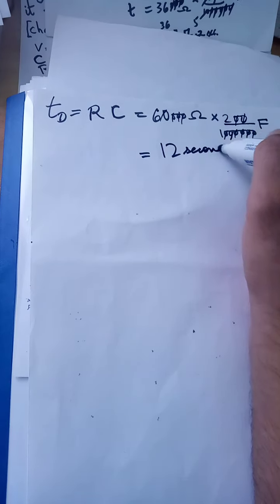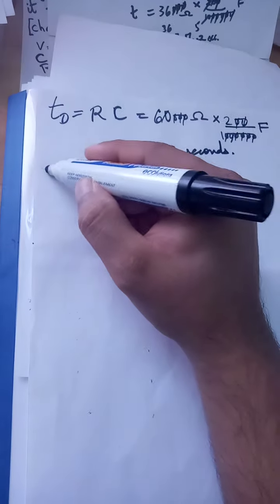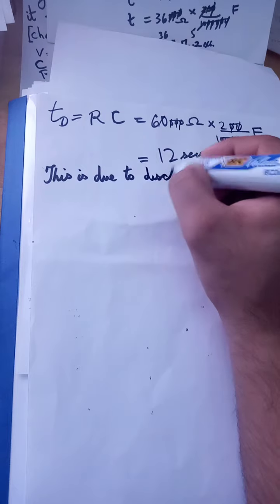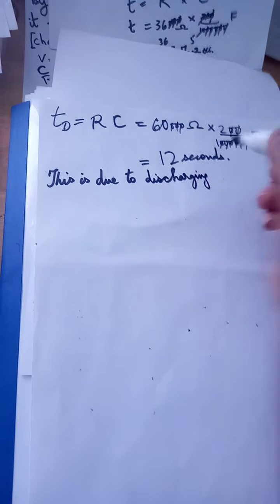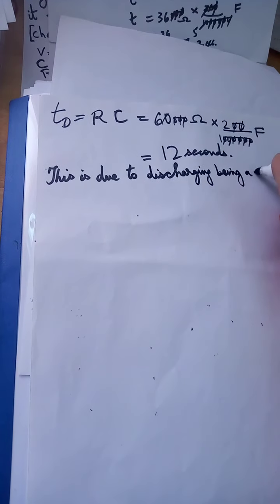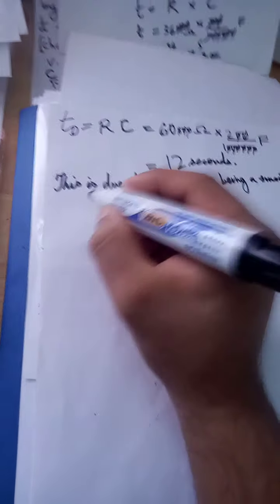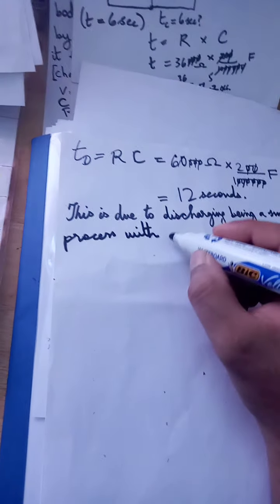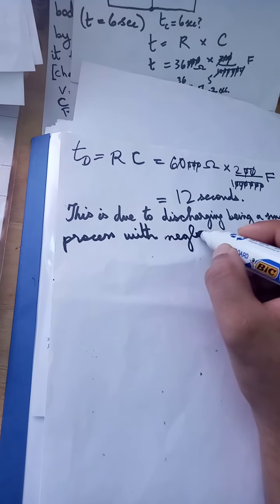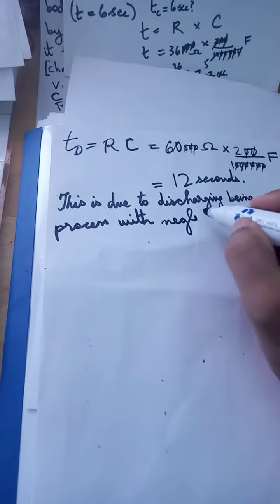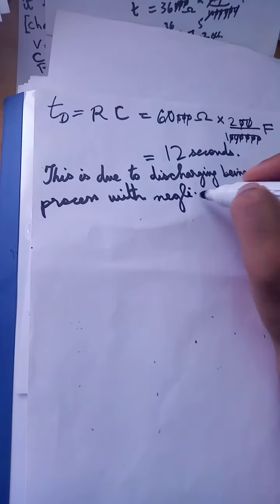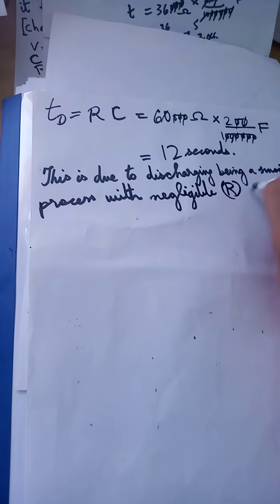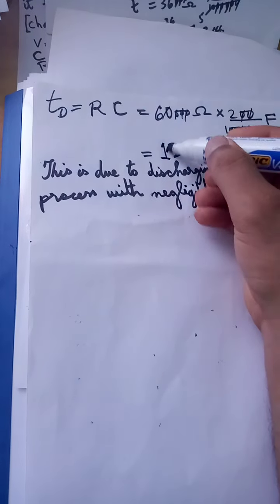Discharging is a smoother process with negligible resistance, so this comes out to be 12 rather than 14 something.